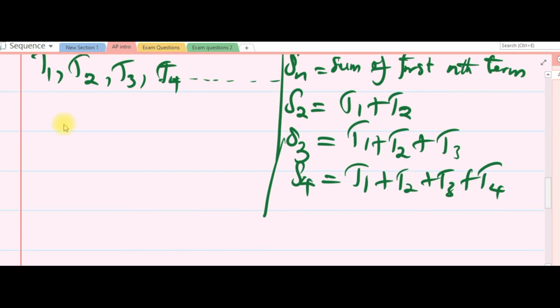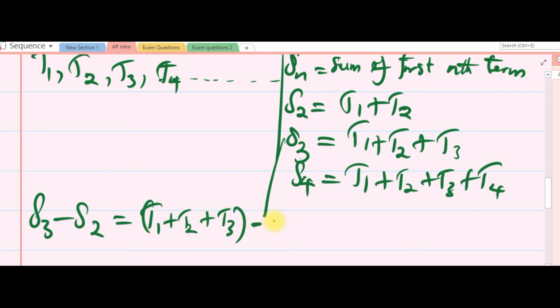Let's notice something. If I do the sum of the first three terms minus the sum of the first two terms, what do you notice? I'm saying this minus this is the same thing as T1 plus T2 plus T3 minus (T1 plus T2).